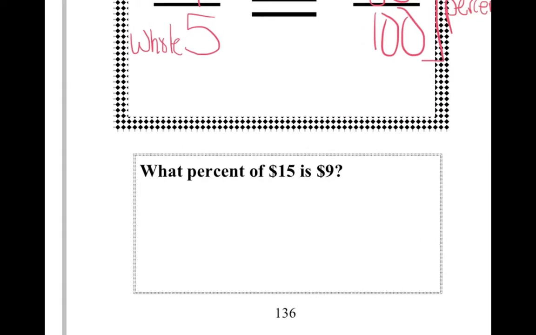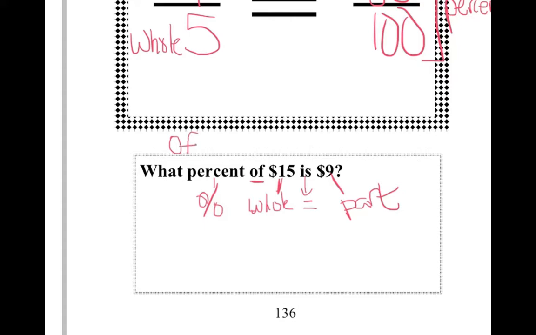For example, we have, what percent of 15 is 9? Let's remember a couple of things. "Is" means equals. This is our percent, obviously. Then we have, what percent of 15 is 9? Anything after the "of" is going to be our whole, and this is our part.